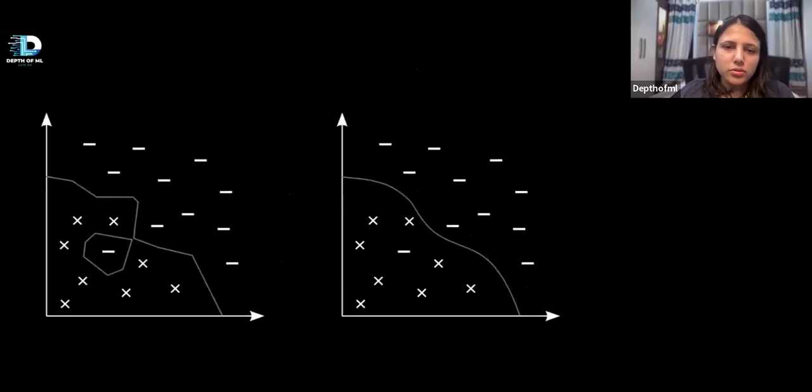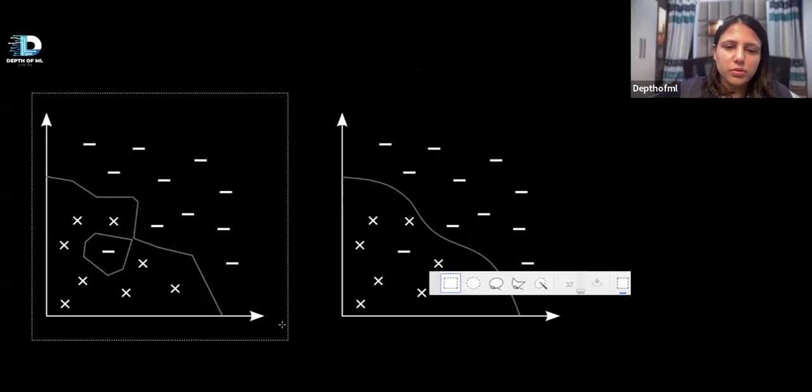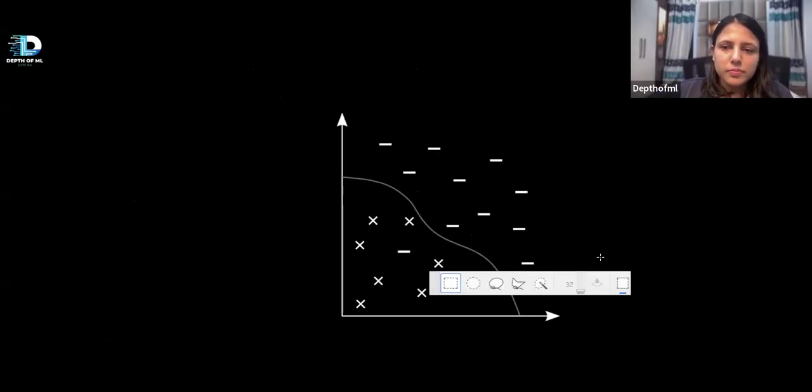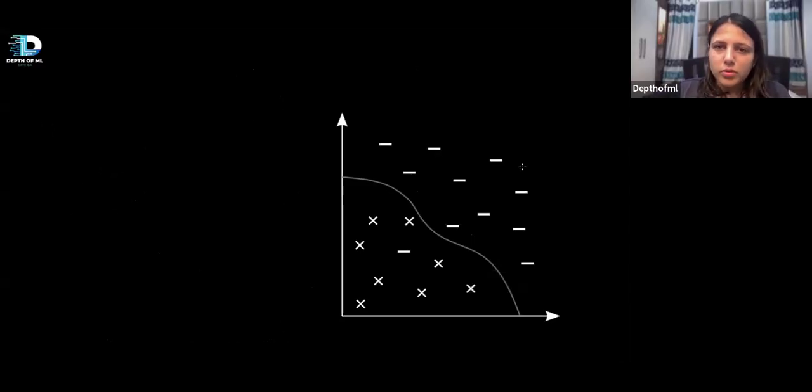Let's do this one. If you do this one, this will become easy. Suppose this is one nearest neighbor. Or let me just remove this particular thing. Probably not a very good idea to do it like this.